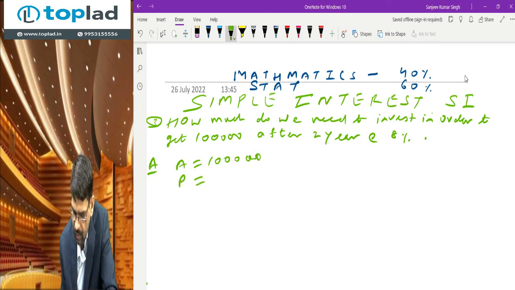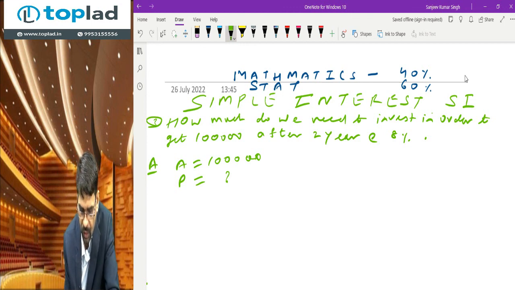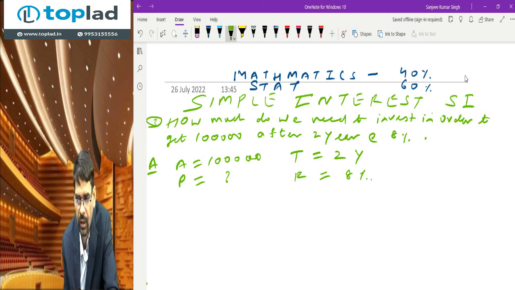What about principal? And what about time? 2 years. What about rate? 8%. Nothing is mentioned. It means 8% per annum.